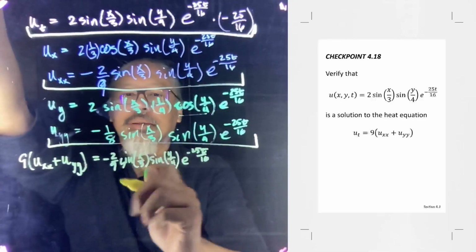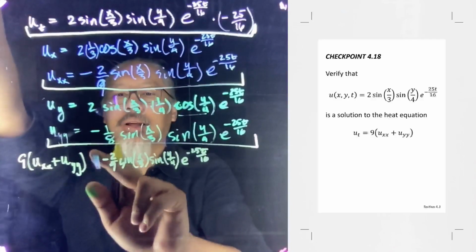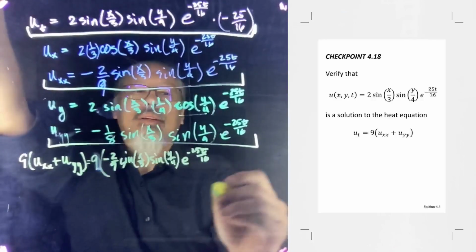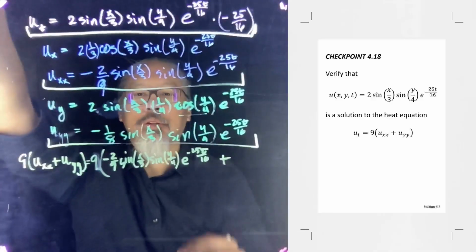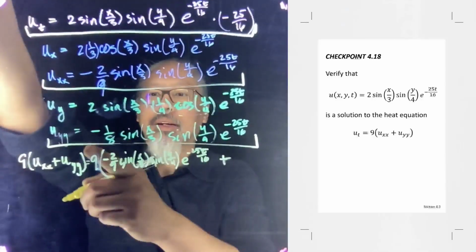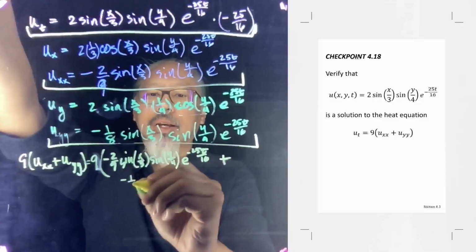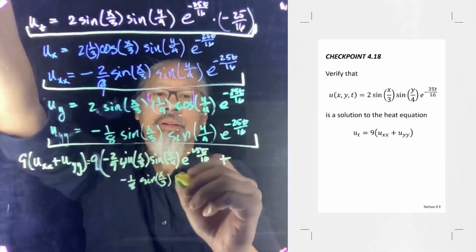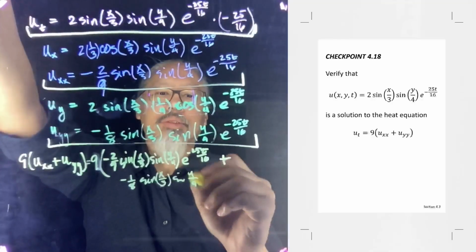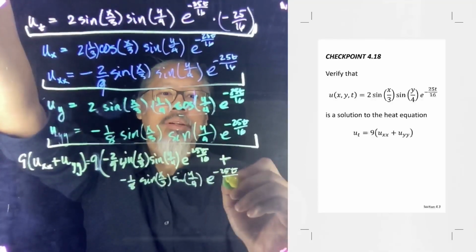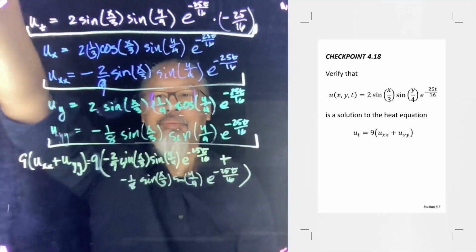I forgot to multiply it by 9, so let's see if we can squeeze that in here. And then we'll do a plus, and I'll write it below to make it fit. We have negative 1/8 sine x over 3 sine y over 4 e to the negative 25t over 16.